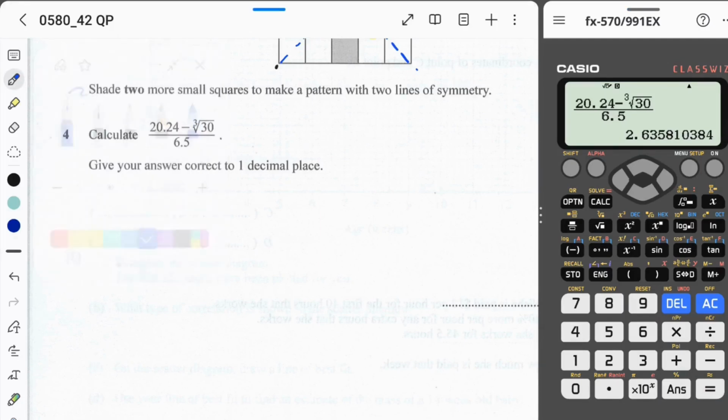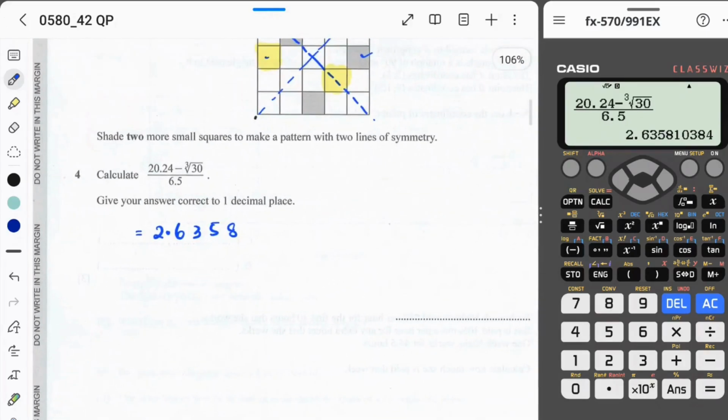So this is 2.6358. They're asking us for one decimal place. After 6 we have 3, so we'll just write down 2.6 in this question.